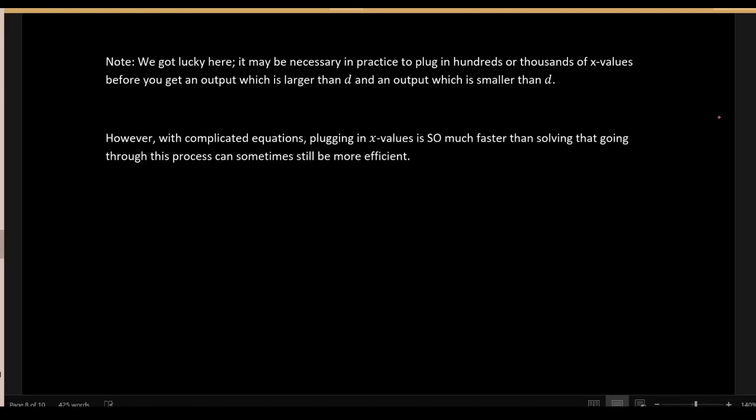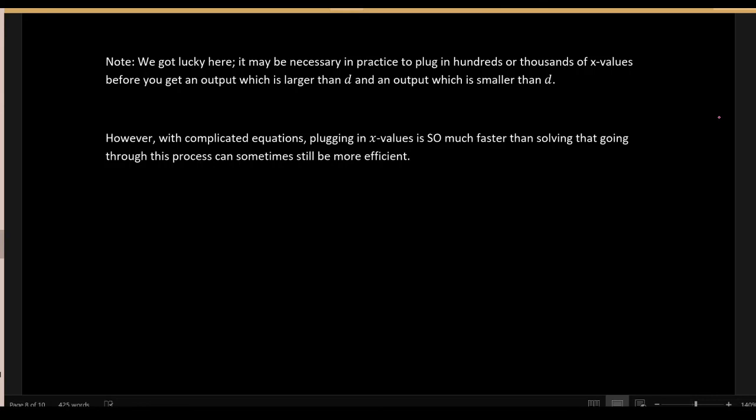When it comes to how computers solve equations, the time that it takes a computer to solve a complicated equation can actually be pretty large. Compared to that, the time that it takes a computer to plug a number into an equation is super short.